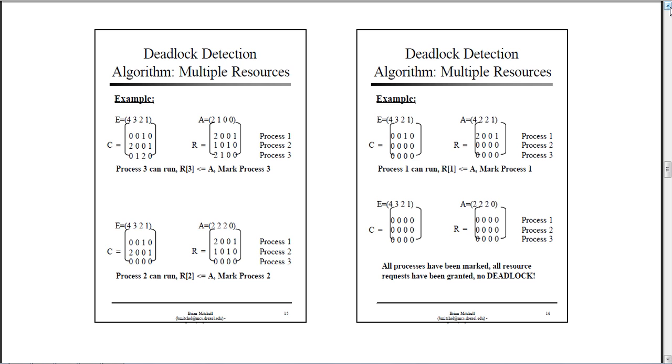Deadlock detection algorithm with multiple resources. So this is the algorithm for deadlock with multiple resources. For example, process 3 can run with R3, so mark process 3. Same as here. Process 1 can run with R1, so mark process 1.